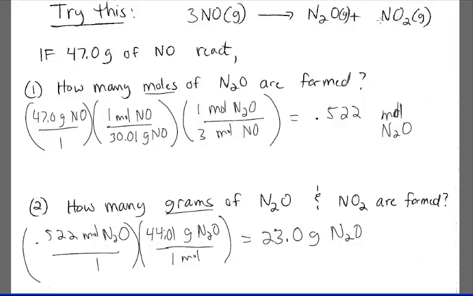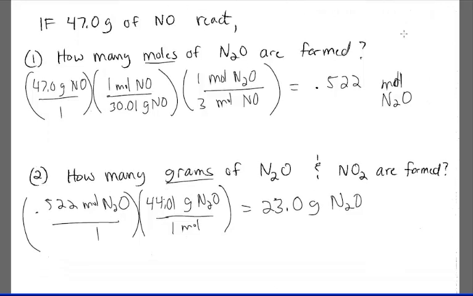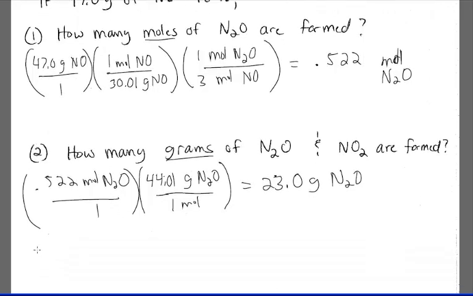They're both coefficients of 1. So however many moles of this we formed, we form the same number of this each time 3 NOs react. Each time 3 react, we get 1 of this and 1 of this. So the number of moles of N2O is actually going to be the same as the number of NO2s. So we don't have to backtrack. We can start there and say we got 0.522 moles of NO2 as well.